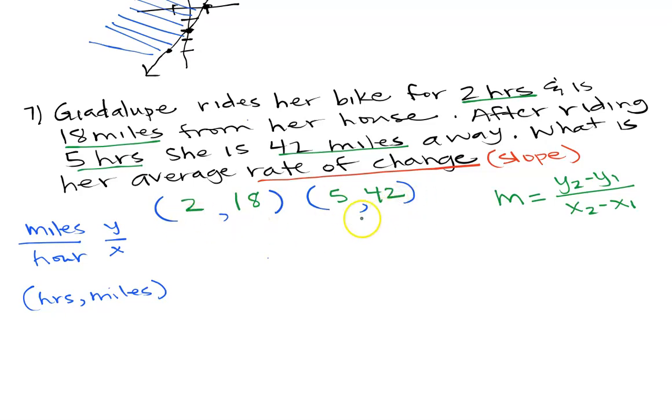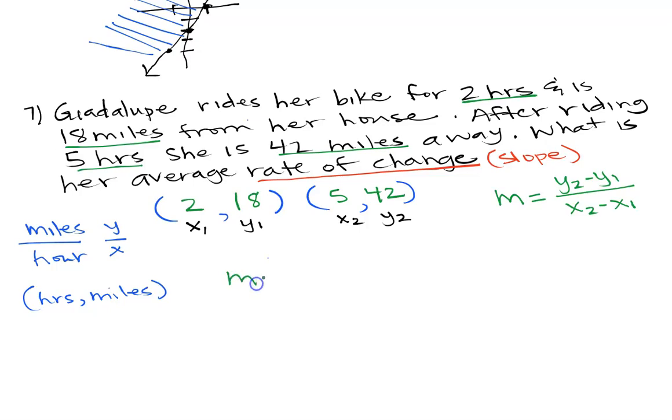And so now I have my two different points that I'm trying to set up, and then I can just label these. So here's my x and y of my first point, so I'll label this as x1 and y1. And this is my second point with an x and y, so x2 and y2. And now I just need to plug those into that slope formula to figure this out.